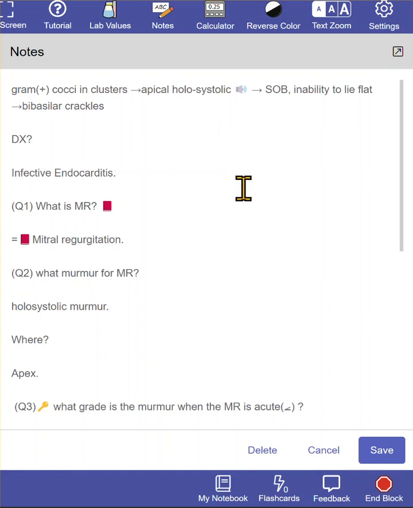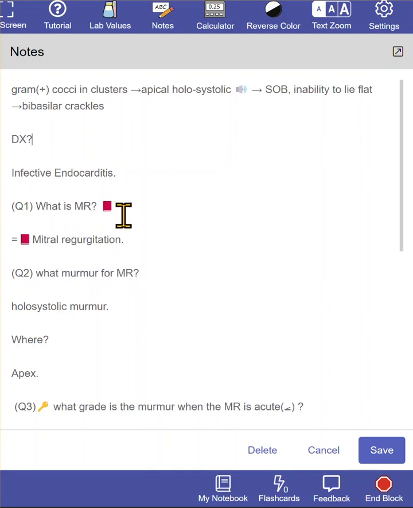People take money, so this is at the money area of your chest, which is the mitral area, the apical area. You're going to hear a murmur that is sustained throughout all of systole, and shortness of breath, inability to lie flat. Okay, so these are like heart failure type symptoms, or valvular insufficiency or stenosis symptoms, or bibasilar crackles. So infective endocarditis is the diagnosis here.